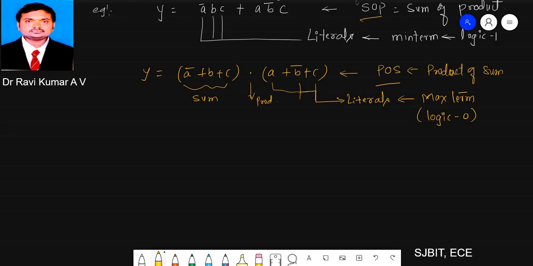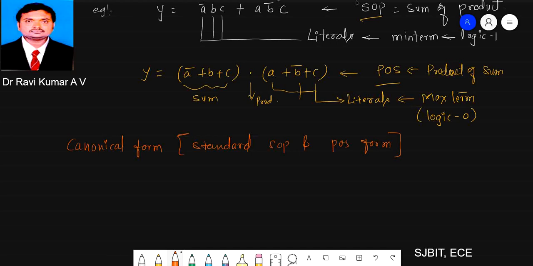The next concept is canonical form, or also what we call standard SOP and POS form.